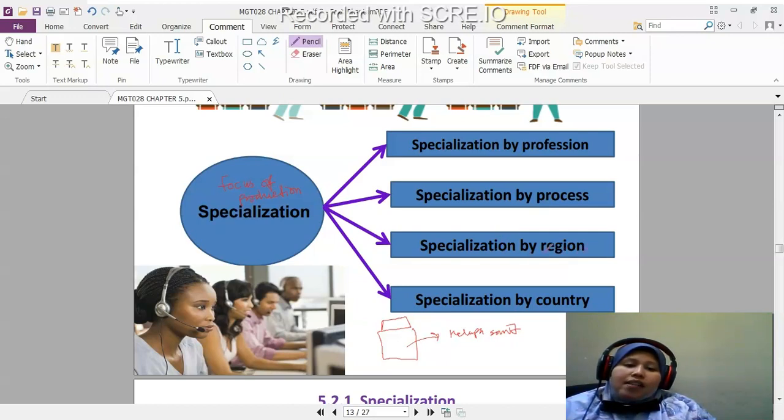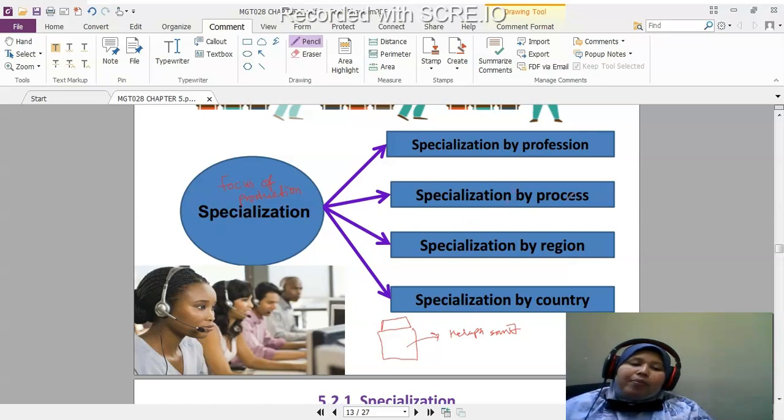Maksudnya dalam satu Asia Tenggara, siapa yang menghasilkan apa lagi? Menghasilkan buah nenas. Contohnya Indonesia. Dia specialize lah. Maksudnya Indonesia dia akan pilih untuk fokus on production nenas sahaja. So bila dia specialize, lagi fokus, lagi banyak dia boleh hasilkan.